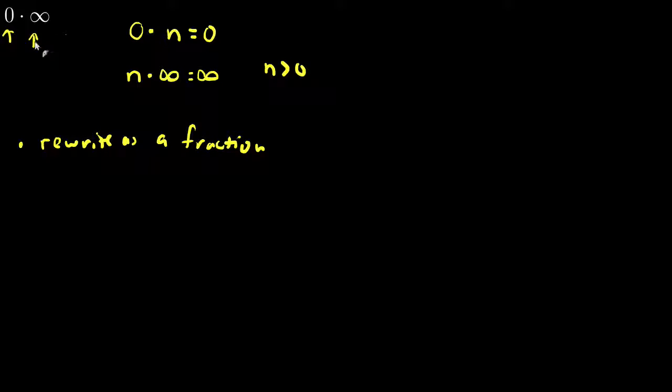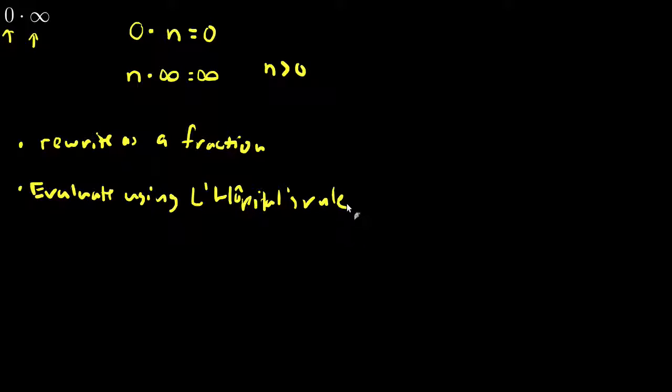And when I rewrite as a fraction, I'm going to end up either rewriting this as a 0 over 0 case or an infinity over infinity case, and then evaluate using L'Hopital's rule. And it's actually pretty easy once you get the trick to rewriting as a fraction. I'll show an example, you'll see the trick, and a lot of these work the same way.